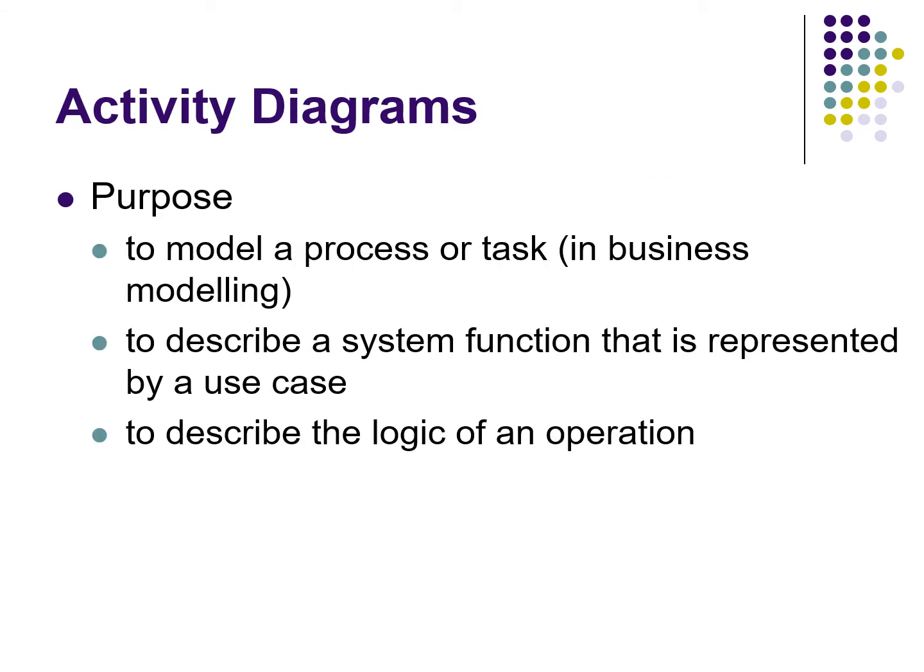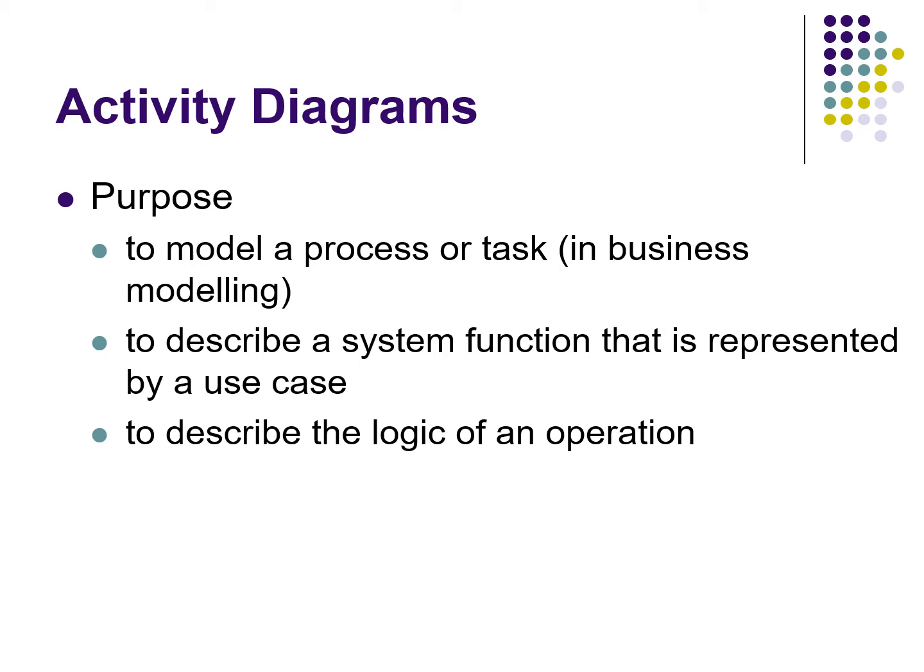Alright, so the purpose of this diagram, as I mentioned just now, is to model a process or a task. When it says business model, it is actually referring to the perspective of the user. It will be capturing the logic of an operation. For example, if an operation needs to follow certain rules, the activity diagram will try to capture that kind of information.